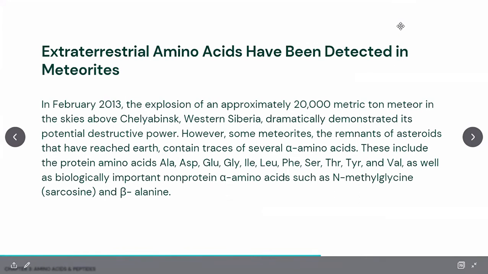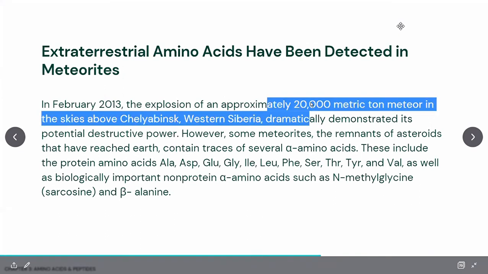And non-protein amino acids, methylglycine and beta-alanine. So these are all found in our body, all of this. So we don't know where that nature came from. Imagine that's 20,000 metric tons, which landed in Siberia.